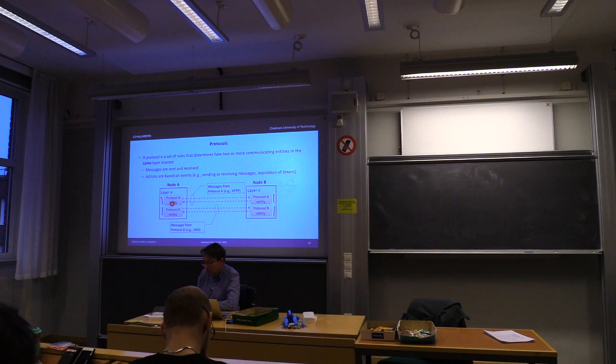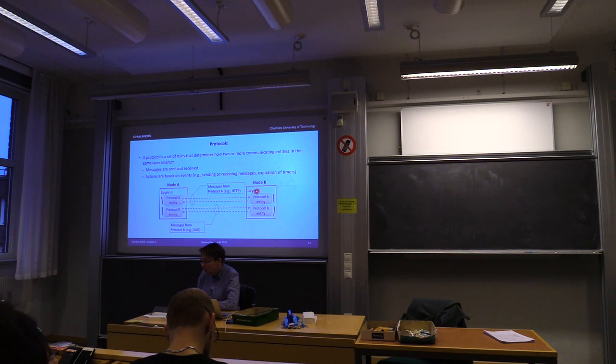So protocol A, the piece of software or hardware which is executing protocol A, is called the protocol A entity. You can think of this as a small piece of software, a process or something like that, which is running on this computer, this node.